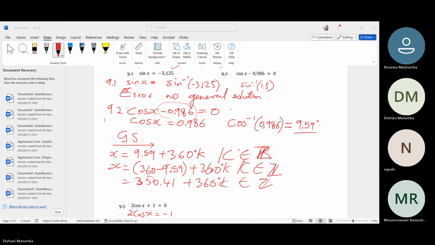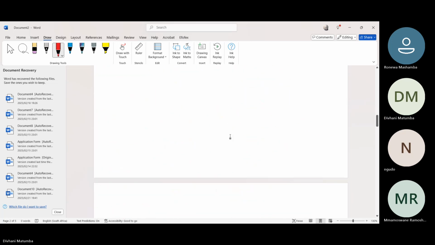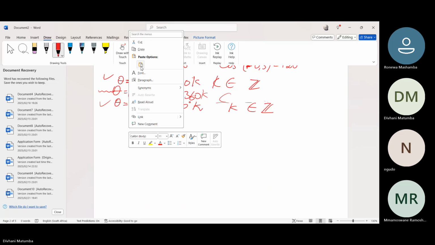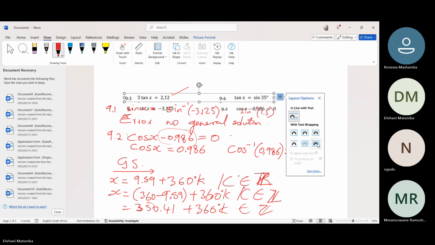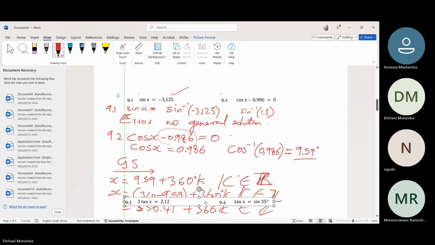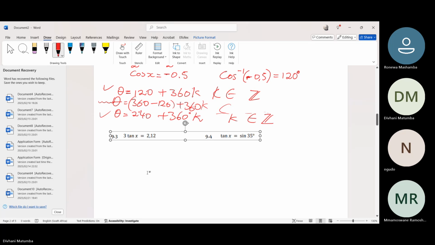So I'm going to bring an example, which is going to be very easy.